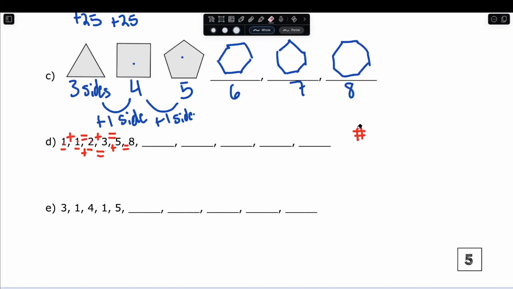Let's do this. Say we label the numbers N1, N2, N3, and so on.